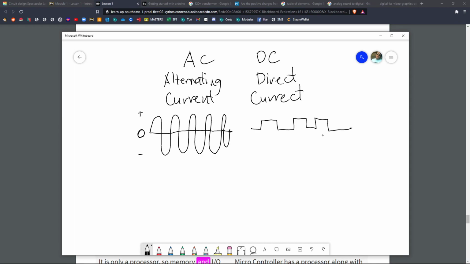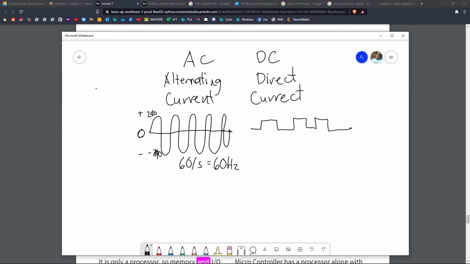For the Philippines, sa electrical situation natin, it alternates its electricity 60 times a second, or we refer to this as 60 hertz. Now, it goes up and down from negative 240 to positive 240 every 60 times.